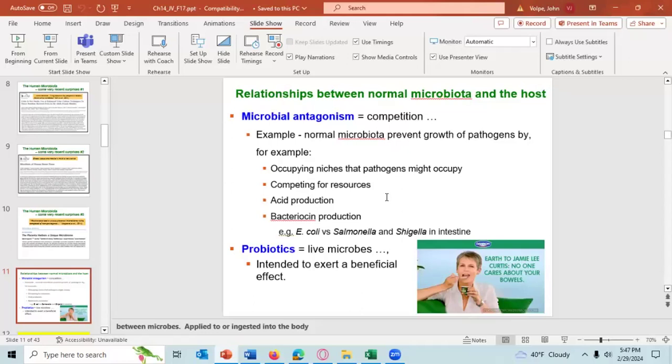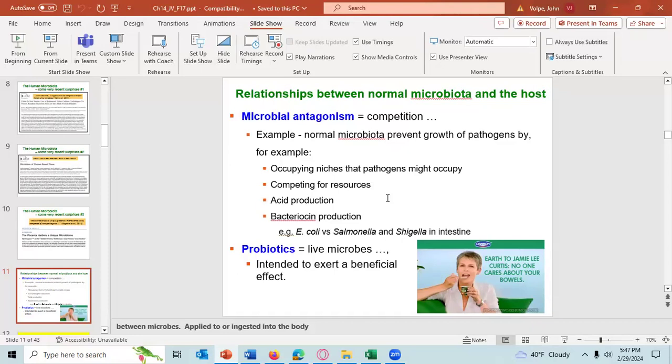The normal microbiota can also change the environment, making it less hospitable for the pathogen. Frequently, the normal microbiota can produce acids, such as in the urethra or the vagina, or even in the mouth.